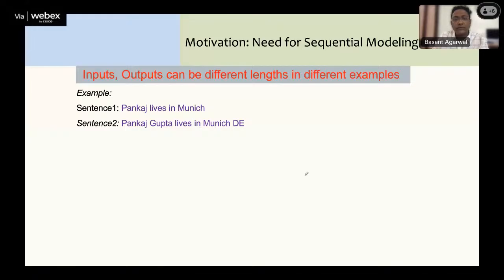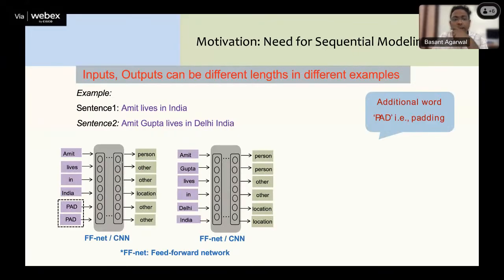The first, which we have already discussed, is that input and output can be of different lengths in different examples. You can see this example in which, as I mentioned, if sentences are of different lengths, then we have to do padding to give them to a network. And this padding provides a lot of undesirable or noisy information to the network, which is not good.